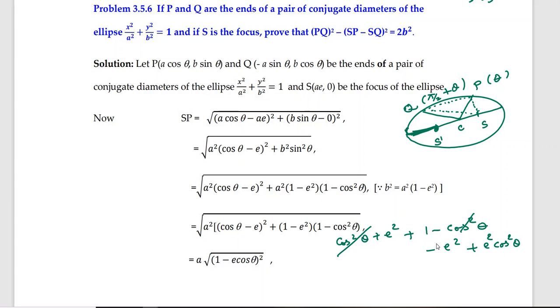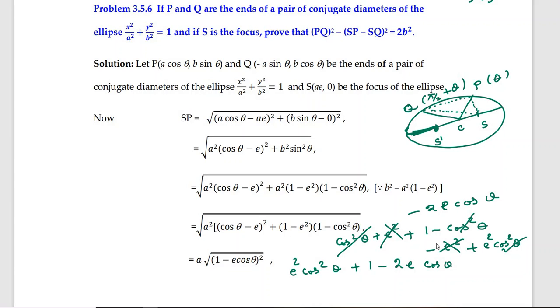So if we consider E square cos square theta, this on expansion gives you E square cos square theta plus 1 minus 2E cos theta. So in this case we have cos square theta plus E square. This one is the cross term we have left, that is minus 2E cos theta. So E square cos square theta is here, and my E square and minus E square will also get cancelled. So this is what we have.